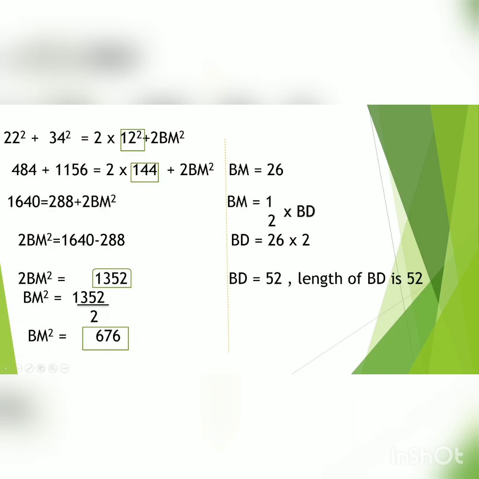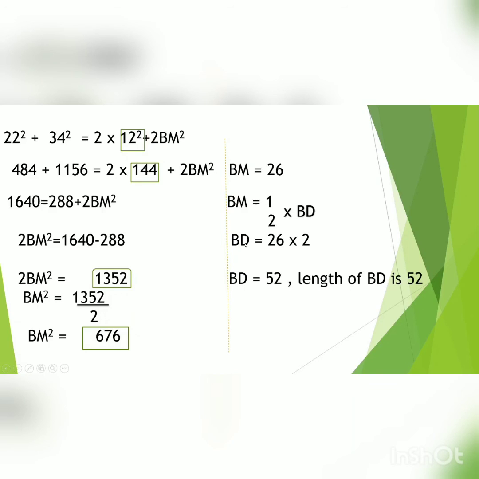But in the question, we have to find the value of BD. So BM is equal to 1 half BD, which is the second diagonal. BM is half of this diagonal. So I write here BM is equal to half of the second diagonal BD. Put the value of BM, 26 is equal to 1 half into BD.